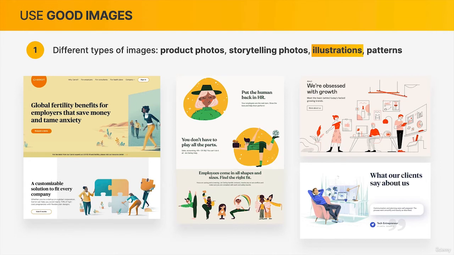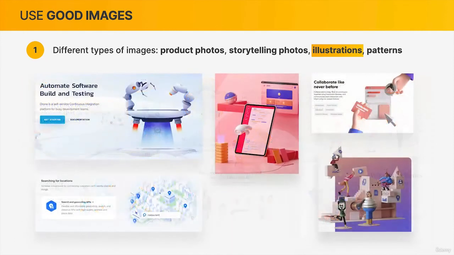They can also add a lot of originality and personal style to the website and help to really bring out the website personality that you decided to use for your particular page. Now, these examples here are 2D illustrations, but there are also 3D illustrations which are getting more and more popular. And so here we have a couple of examples of that as well.